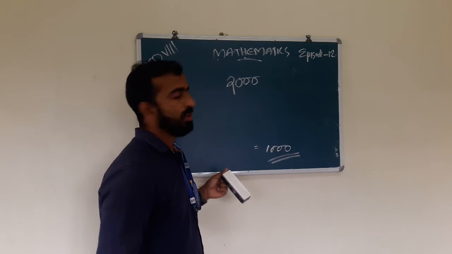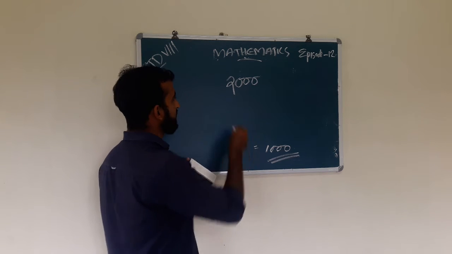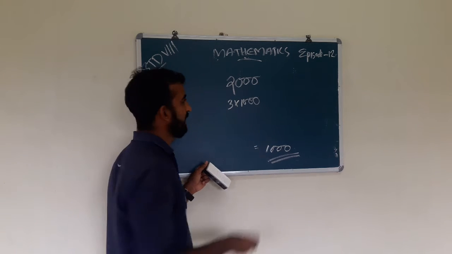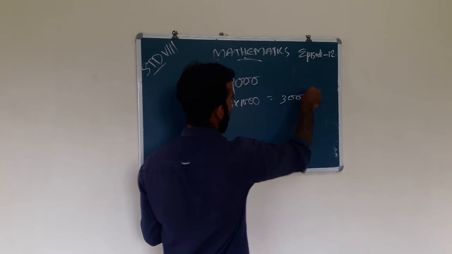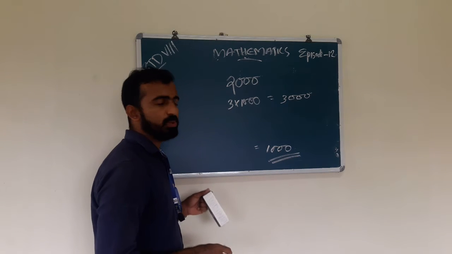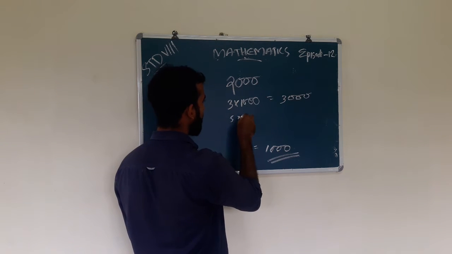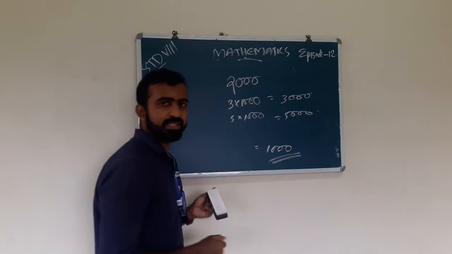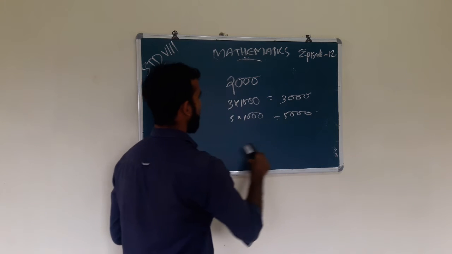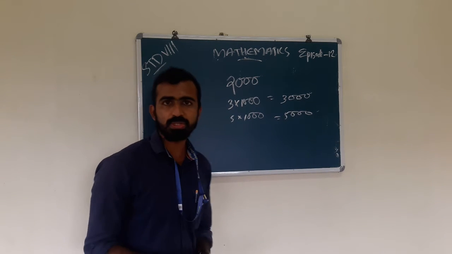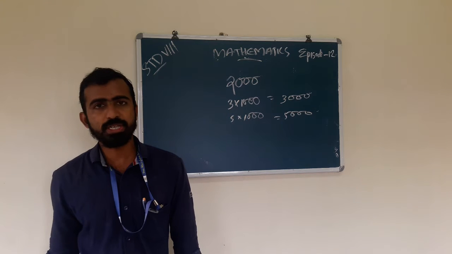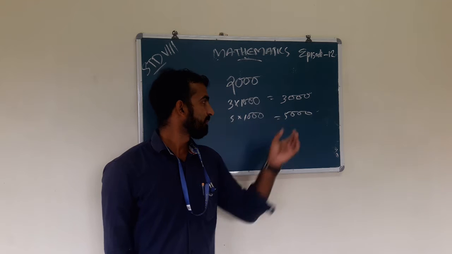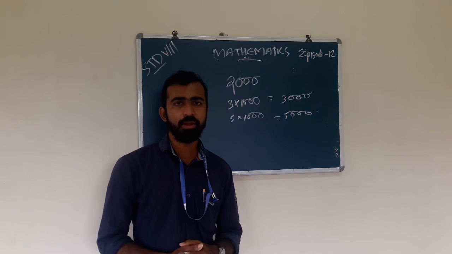The number of 50 rupee notes is 3x, 3 into 1000, that is 3000. The number of 10 rupee notes is 5x, 5 into 1000, that is 5000. This is the answer.